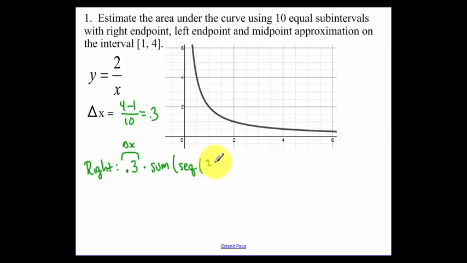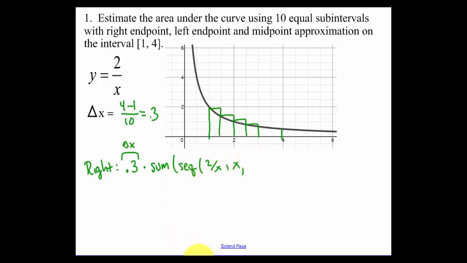Your function, 2 over x. Left rectangles. So I have this drawn in here just so I can visualize it. Left rectangles, I start here. Now, yes, I know this is bigger than what my delta x is, but I just like to have a visual in my head so I know I start at a. So I don't have to memorize that chart.